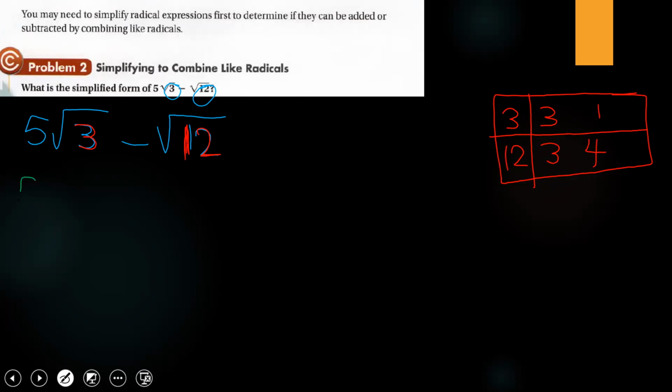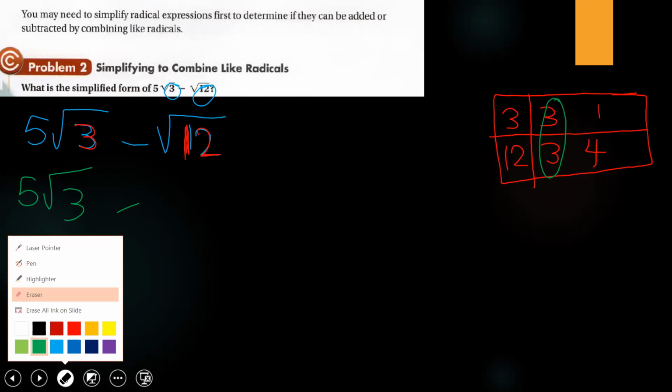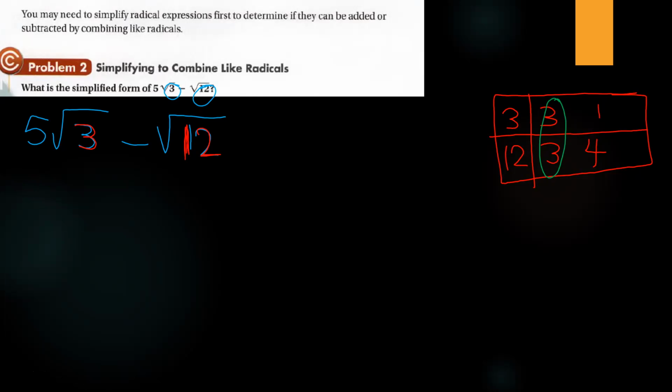Look at the first one, 5 square root of 3. Now I want to put these numbers, which are common, under the square root. And the first one, I will keep it as it is. There's nothing I can do. But in the second one, I want 3 under the square root only. Or you can say, in other words, let's now write here 5.